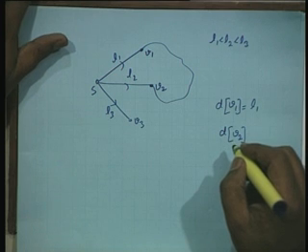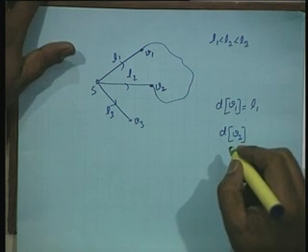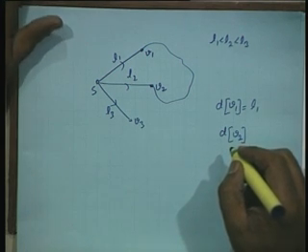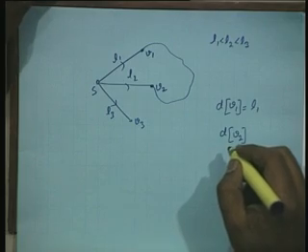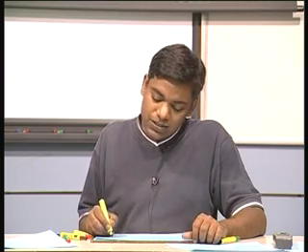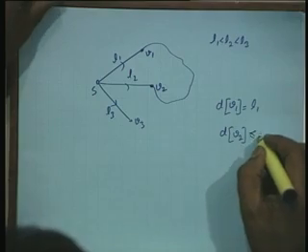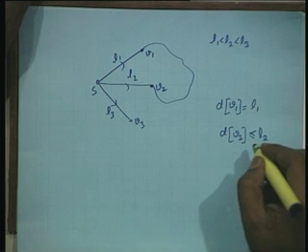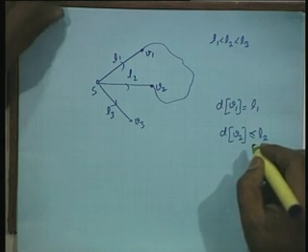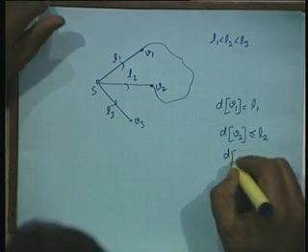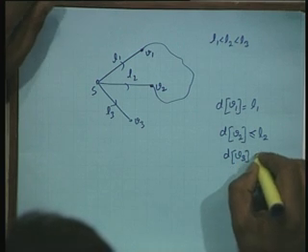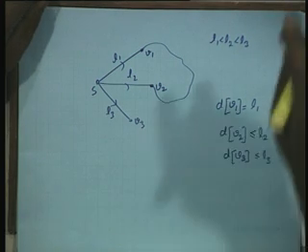Greater than L1? Greater than L1, okay, and less than or equal to L2. Let us just put that down, okay. And similarly, the distance of V3 is less than or equal to L3.